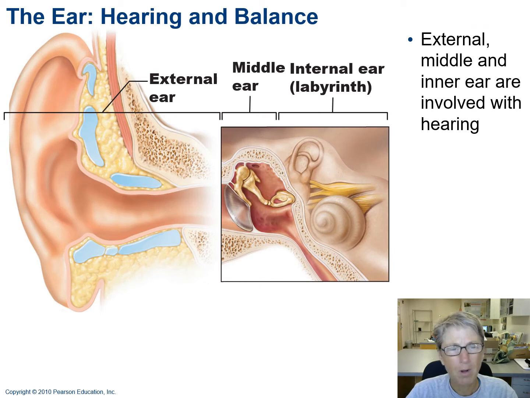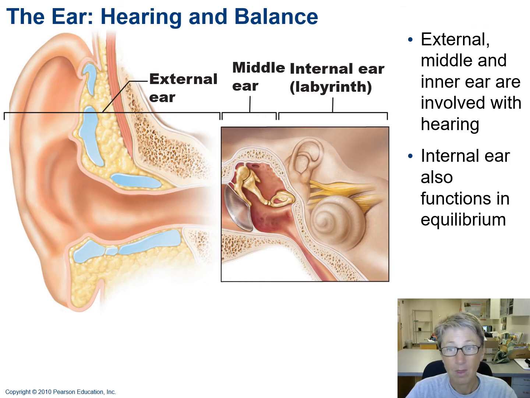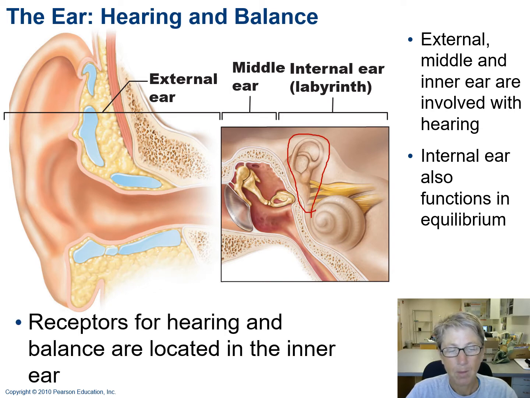So the external, middle, and inner ear, obviously, they're all involved with hearing, but parts of the internal ear, specifically this part right here, is involved with equilibrium. The receptors for hearing and balance are located in the inner ear. So the receptors for balance are in this structure, and then the receptors for hearing are in this structure.